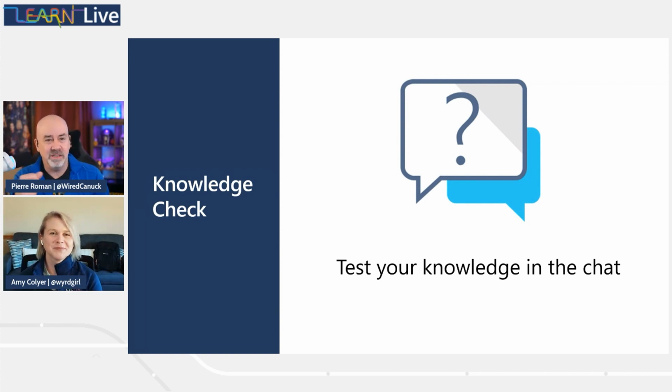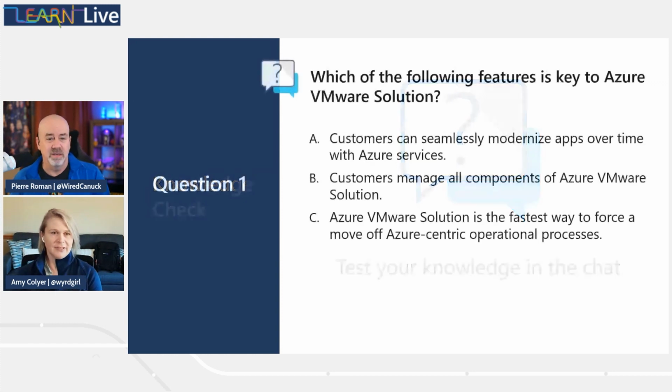Anyway, so let's see if we've covered some of the knowledge that I was hoping to bring in. So first question, do you want to read this one? Sure. Which of the following features is key to Azure VMware Solution? A, customers can seamlessly modernize apps over time with Azure services? B, customers manage all components of Azure VMware Solution?